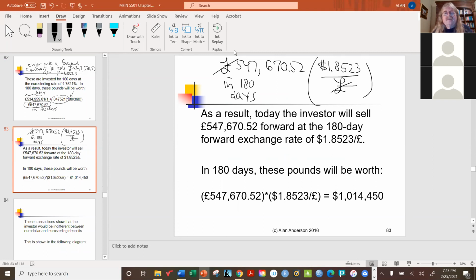These drop out. And when you multiply them together, you get a number that you should recognize. It's $1,014,450. It's the same. It's the same in both countries. And that's because I'm selling it with the correct or implied forward exchange rate of 185.23. But you can see that if this was anything else, either this amount would be too high or too low compared to what I could get in the United States.